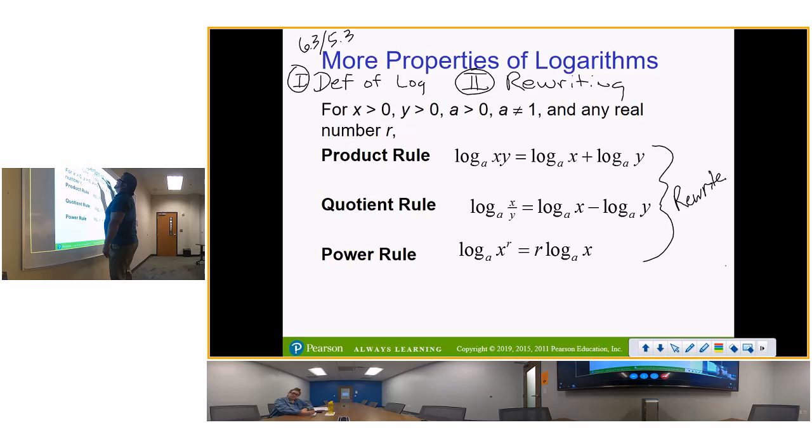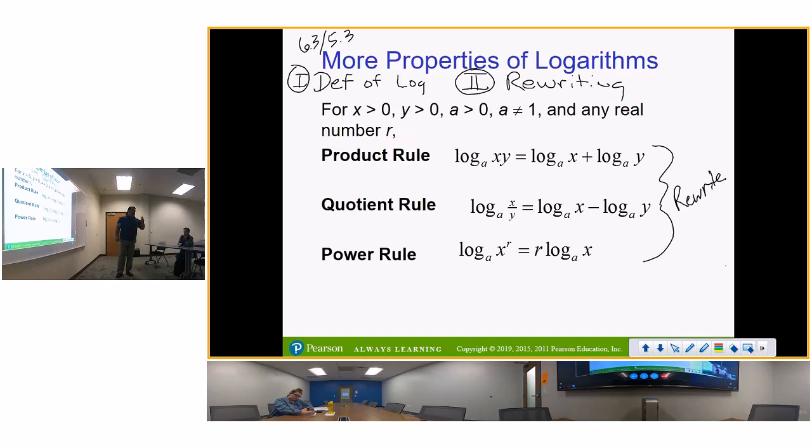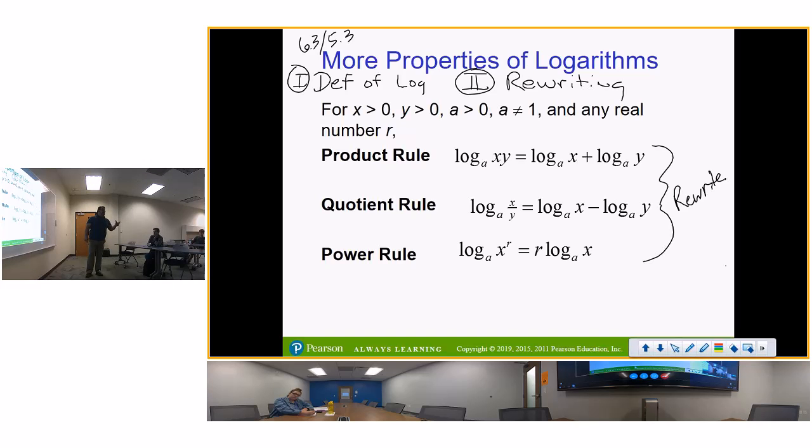Now, in 6.3 and 5.3, you're rewriting. But in 6.5 and 6.6, you're going to be using rewriting, and you're going to be using definition of a logarithm to solve a logarithmic what? Equation. So, again, we're crawling before we're walking. 6.1, 6.2, 6.3 pretty much gets you crawling.